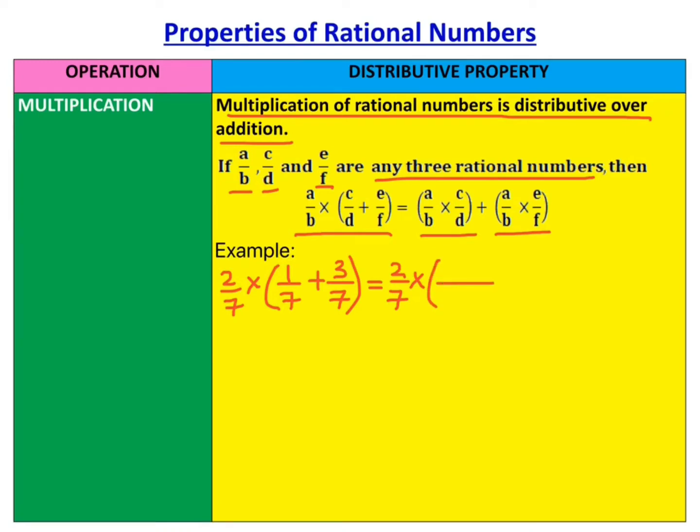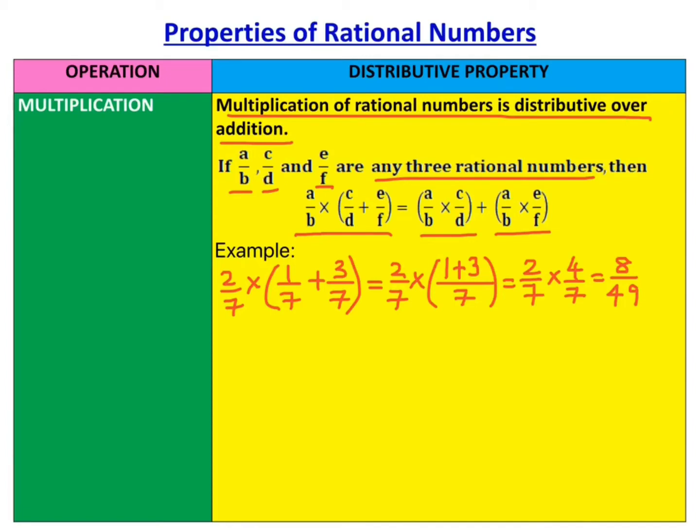Since the denominators are the same, we'll take 7 as the common denominator and add the numerators. 1 plus 3 is 4, so this is 2/7 times 4/7. Since we don't have any common factors to cancel, let's multiply the numerators together and the denominators together. 2 times 4 is 8, and 7 times 7 is 49.